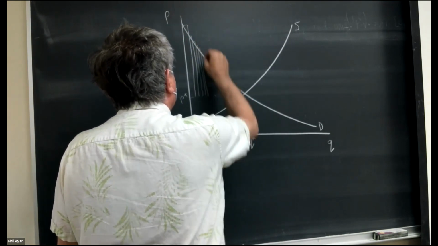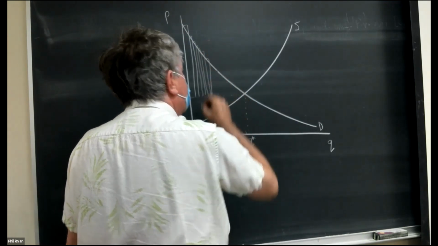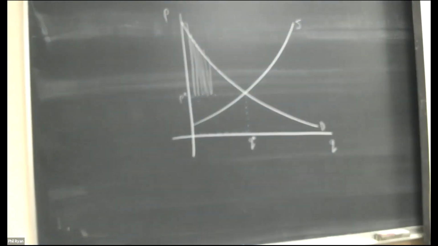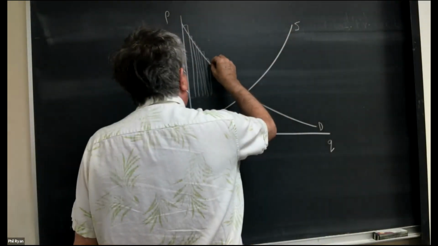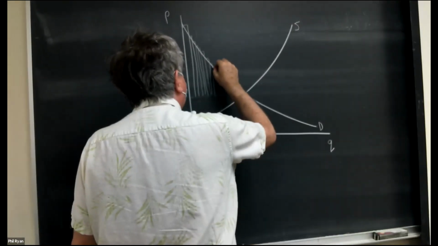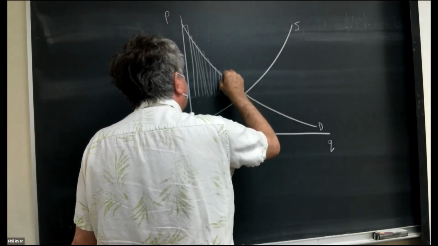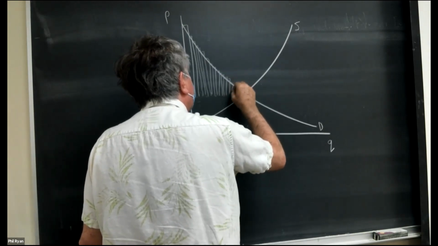So if we add up all the extra money that people would have been willing to pay, i.e. money above what the equilibrium price was, we see that adding up all that money is the same thing as adding up all this area. Right.